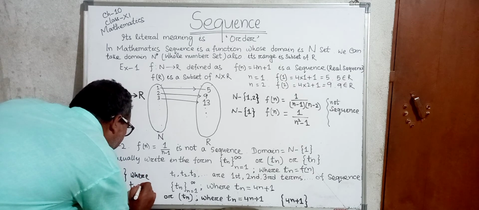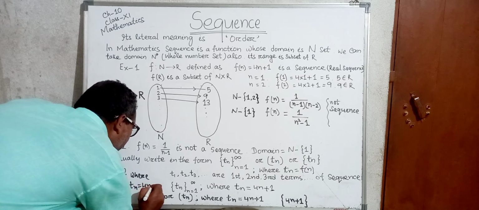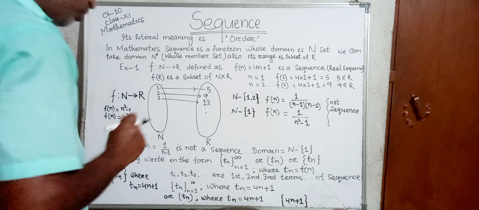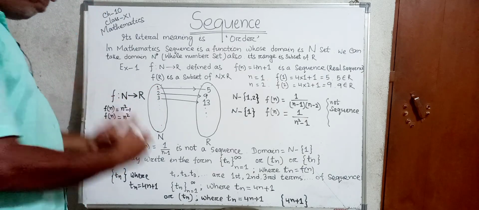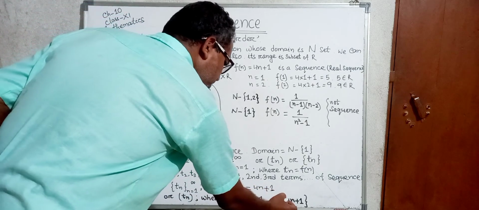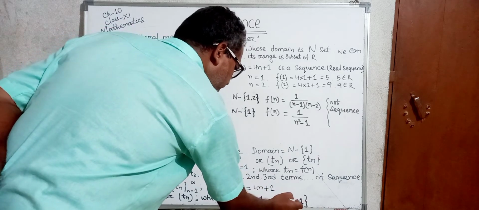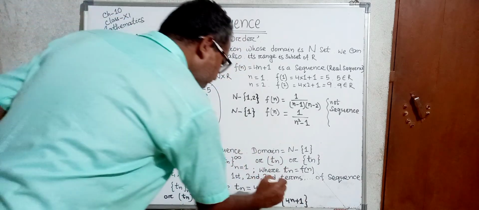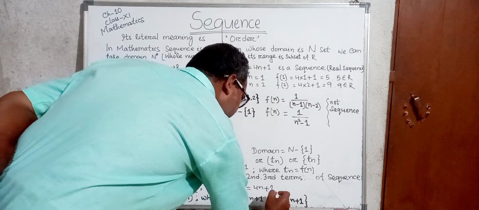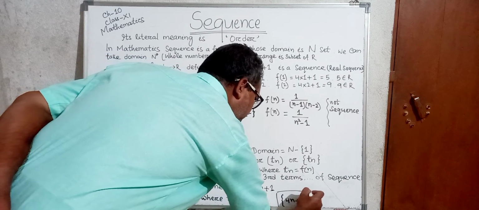Or we can write simply like this, within the bracket 4n plus 1. You should remember this.